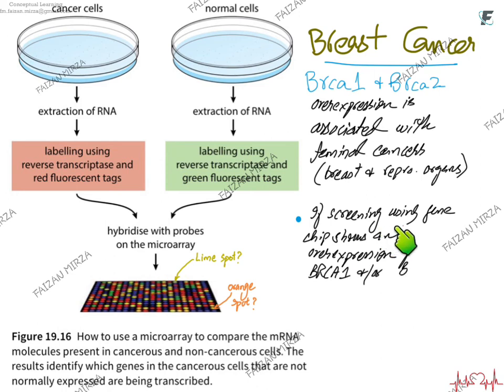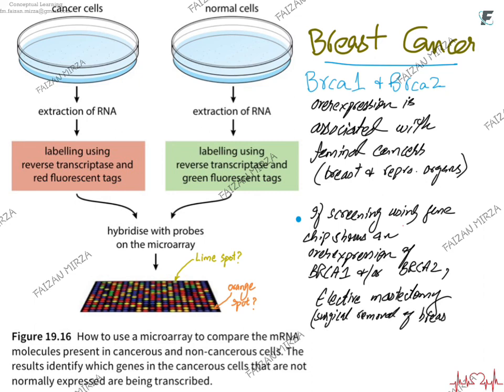If the screening shows this, the female is then asked to go for elective mastectomy, just to make sure that she won't develop cancers of these tissues in future, because she's already predisposed. These genes have undergone overexpression, and overexpression means that it's just a matter of time before this kind of breast cancer develops.